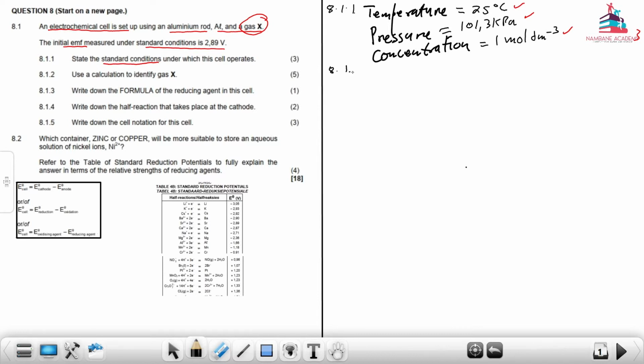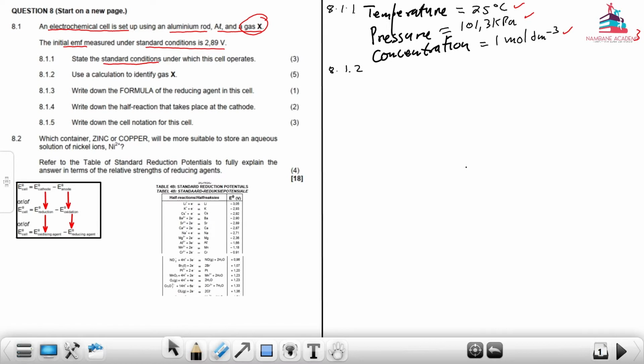Then at 8.1.2: use a calculation to identify gas X. When I look into my equation, I can easily see that the equation I have is this one, and it is in our formula sheet.